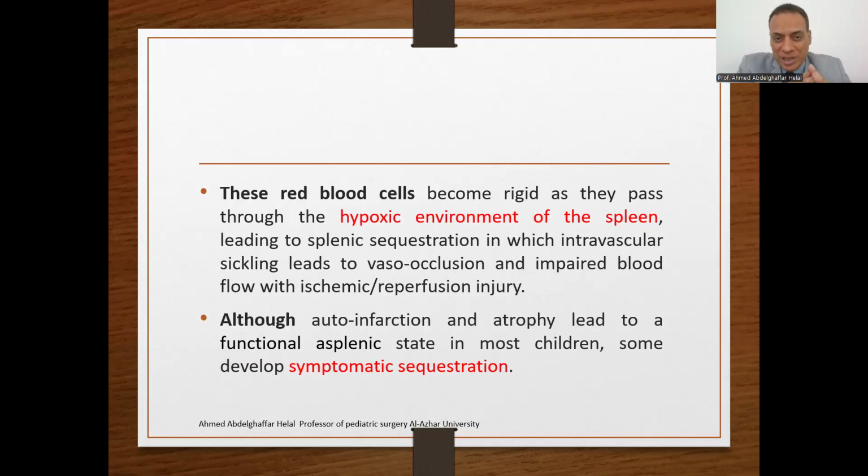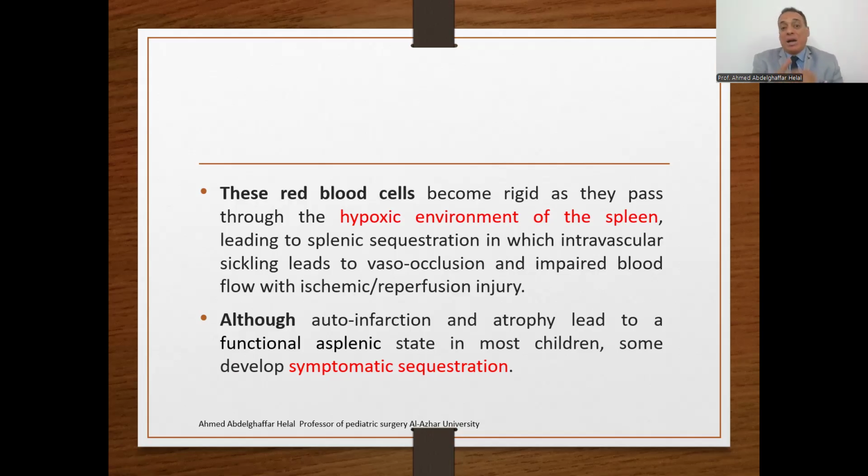So the pathology here is that this abnormal red blood cell with abnormal hemoglobin S becomes rigid when it passes through the hypoxic environment of the spleen, or if the child is exposed to hypoxia, leading to splenic sequestration, trapping of these abnormal RBCs with vascular occlusion of the blood vessels inside the spleen. So there may be infarction of the spleen.